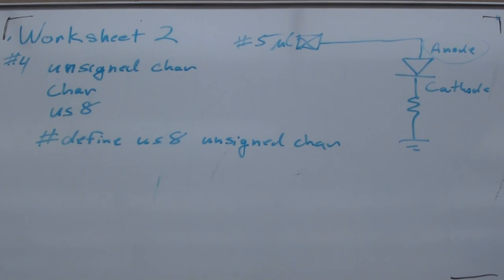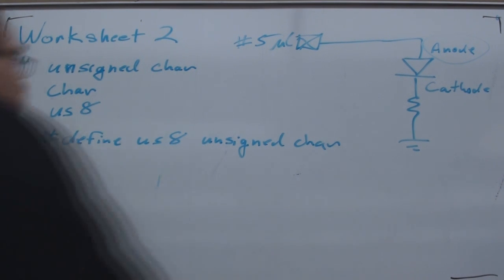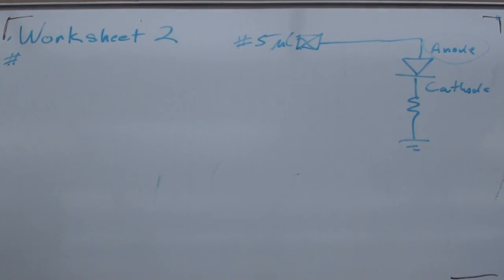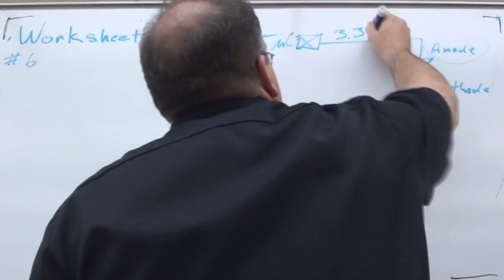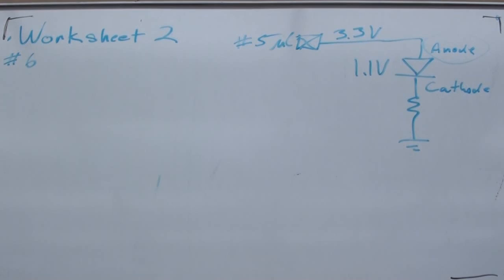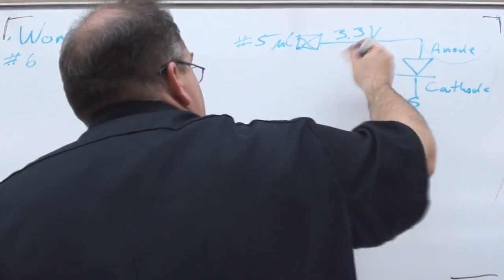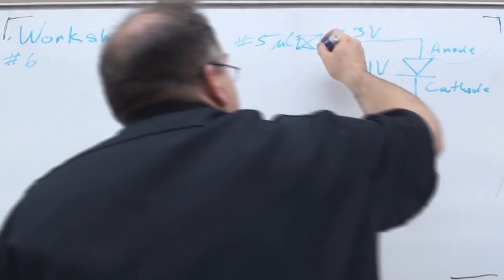Number 6: if the output voltage of the microcontroller is 3.3 volts and the forward bias of the LED is 1.1 volts, what is the required resistor value to have 22 milliamps flowing through the LED? So we have 3.3 volts, and the forward bias voltage of the LED is 1.1 volts. We want 22 milliamps flowing through this.